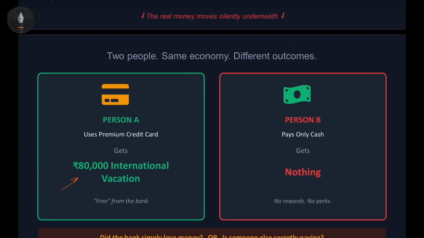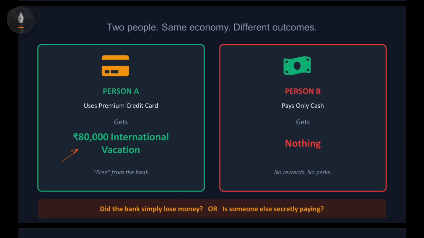So what are you thinking about person A or person B? Who do you think the bank hates the most? Person A or person B? Your first guess might be person A, because just because he's using the credit card of that bank, the bank actually has to, in some way, pay him an 80,000 rupees reward for an international vacation, right?